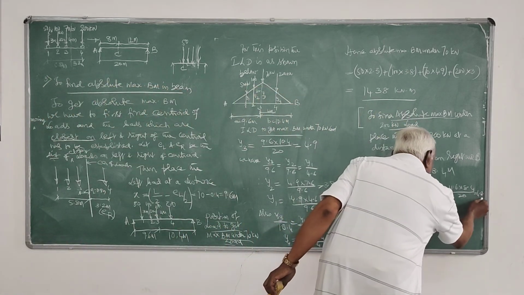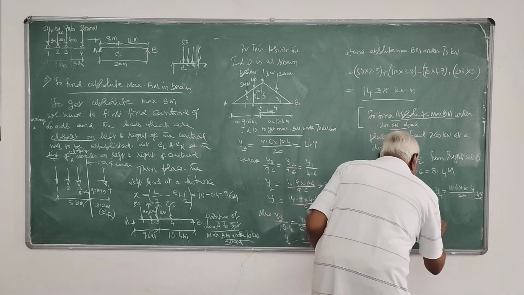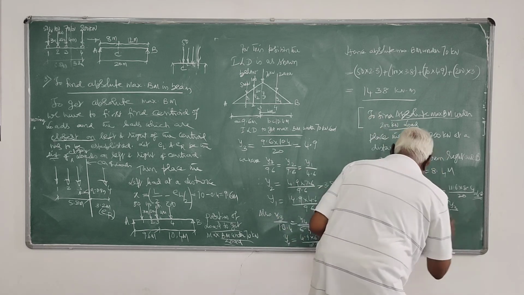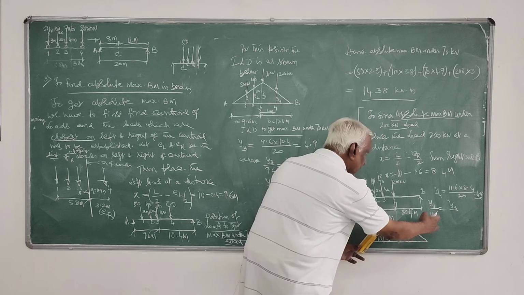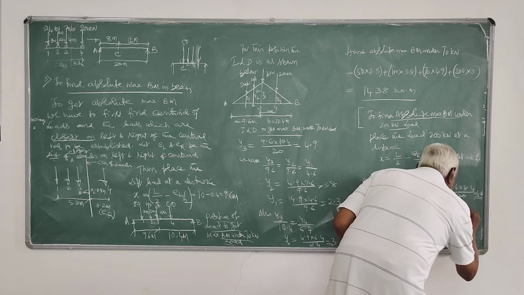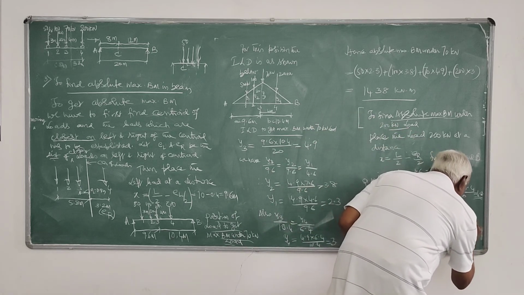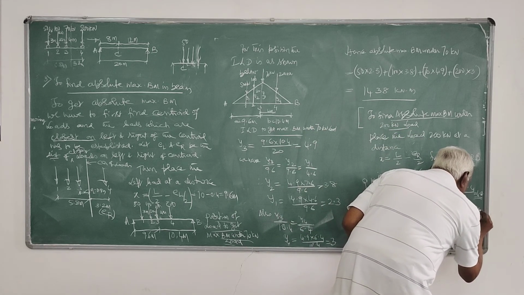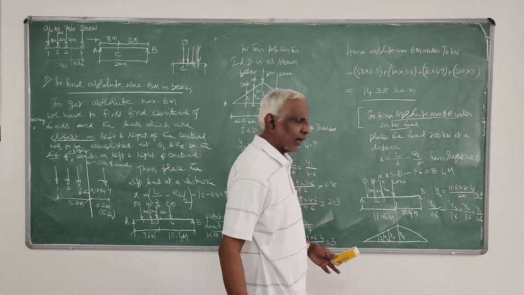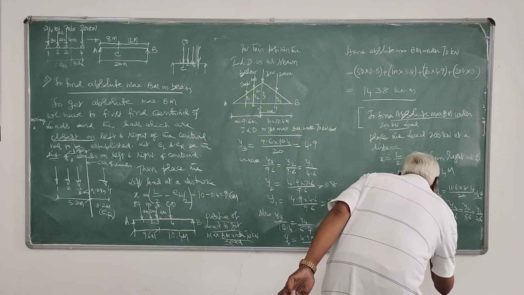Then, when this is known, you have this Y4 divided by 11.6 equal to Y3 divided by the distance, which is 11.6 minus 4, that is 7.6. That is equal to Y2 divided by 11.6 minus 2, that is 5.6. That is equal to Y1 divided by 5.6 minus 3, that is 2.6. Therefore, you can work out the other ordinates.